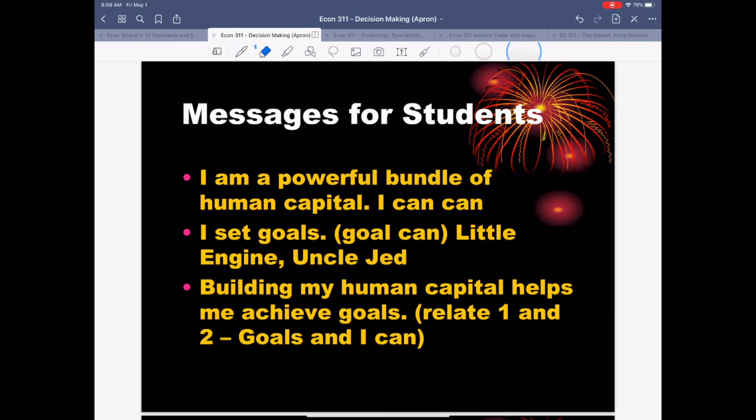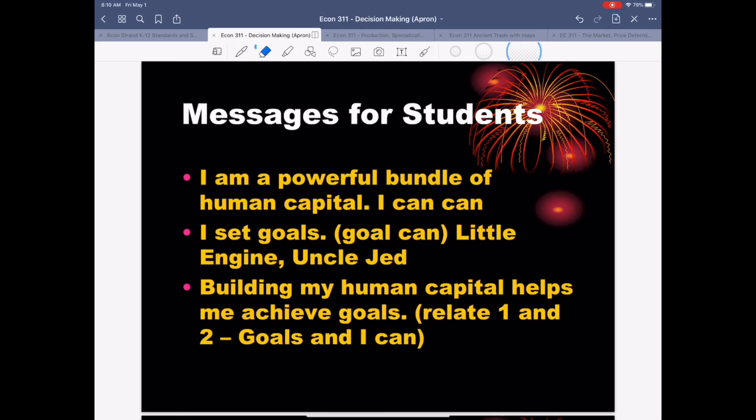So the messages for students are pretty straightforward. I am a powerful bundle of human capital. I set goals and I build my human capital and it helps me achieve goals. All of this can be reinforced in different ways. We have the exercises from our earlier lessons where students can create an I Can in the classroom. They can also set up an ongoing goal can where they add to it and they see what goals can be achieved.